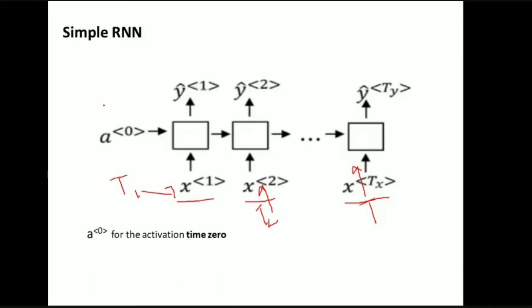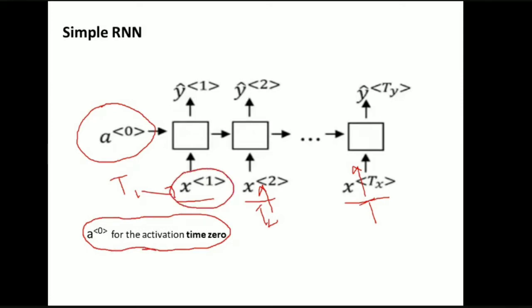What is this a to the power of 0 within angular brackets? It is the activation at time 0. For the corresponding input x1 we have output y cap 1, for input x2 we have output y cap 2, and for input xtx we have the output y cap ty, right? So this is the architecture of simple RNN.